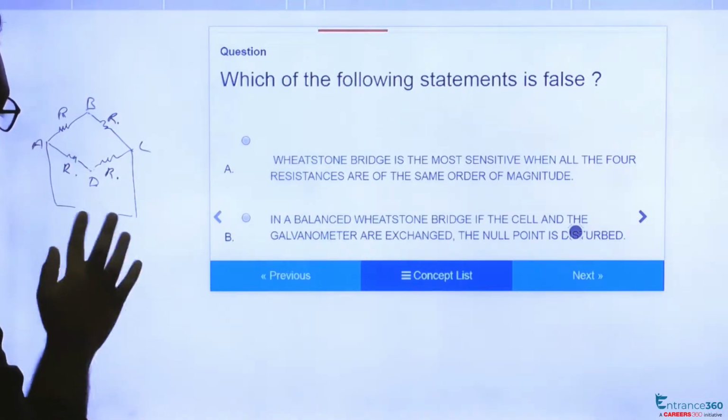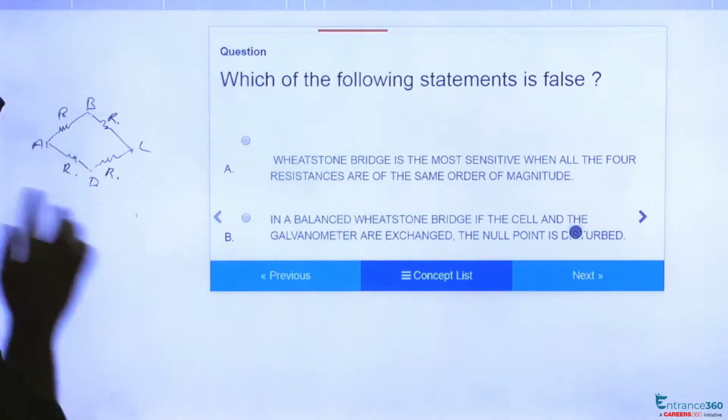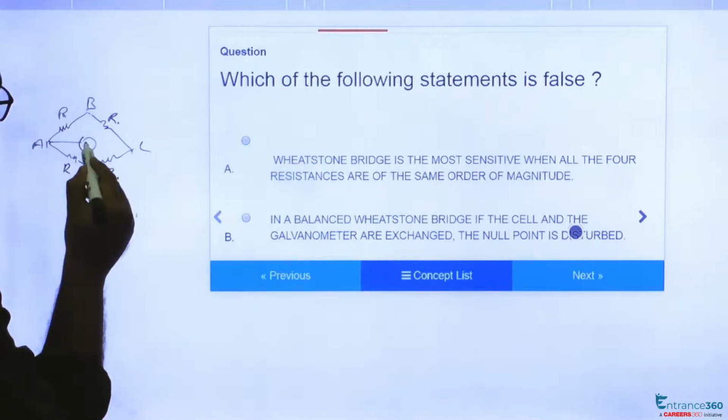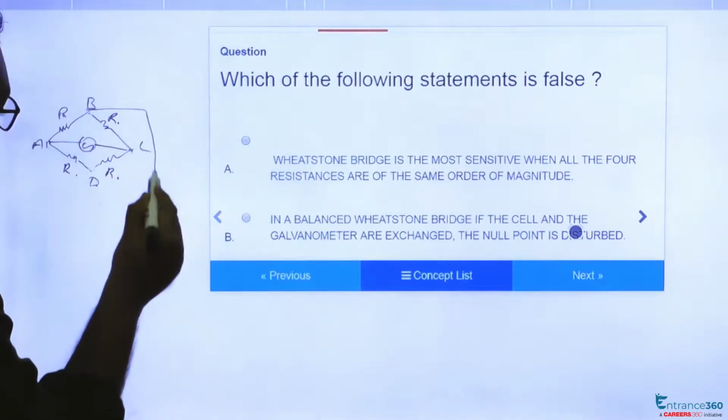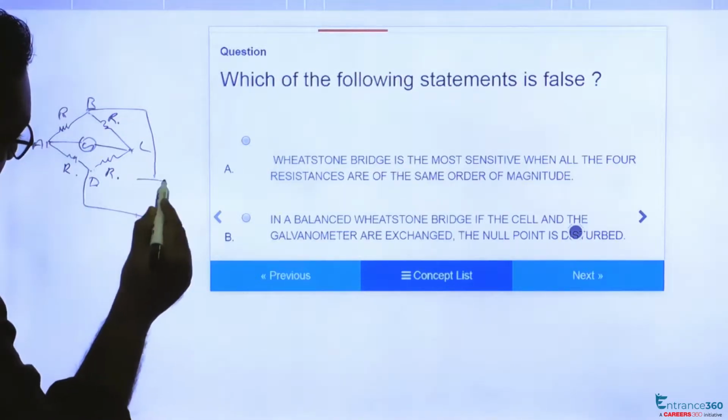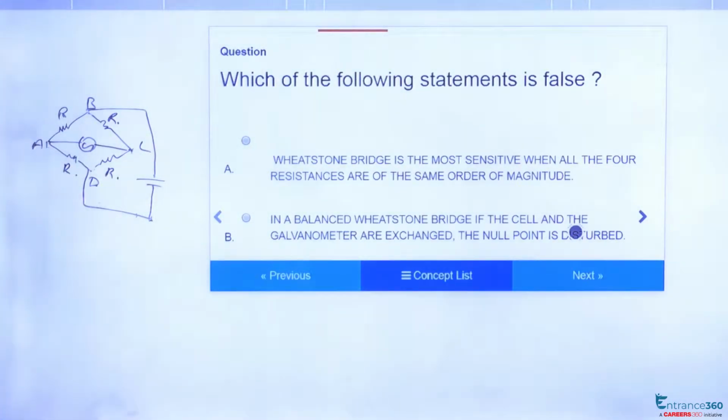So across A and C we have the galvanometer and across B and D we have the voltage source, which also looks like a Wheatstone's bridge, and if it satisfies the condition of a balanced bridge, it will act as a highly sensitive Wheatstone's bridge.